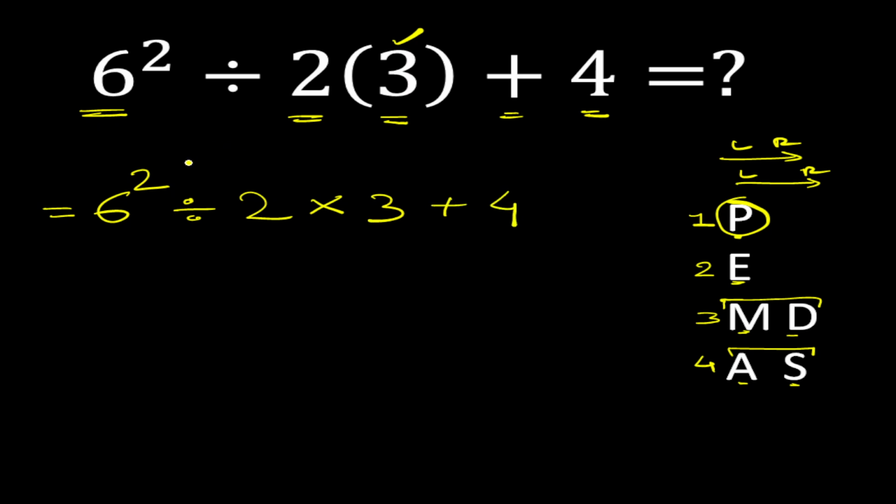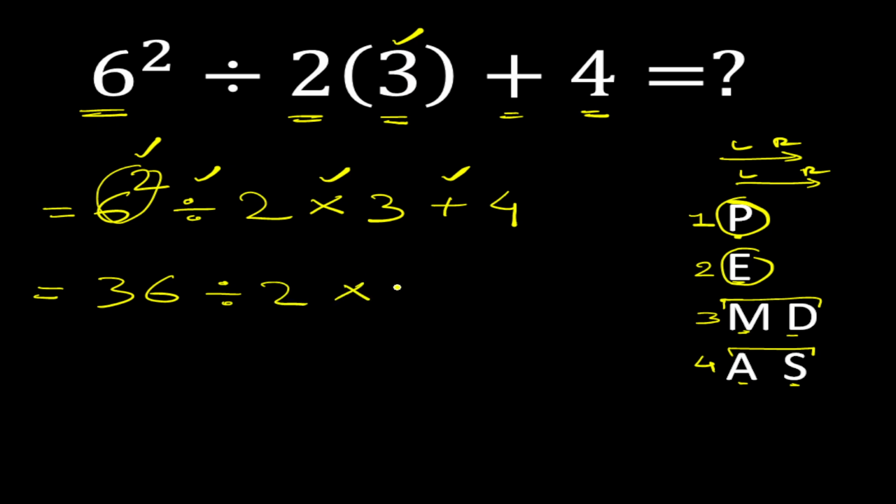Now in this question we have one power, one division, one multiplication, one addition. So according to the PEMDAS rule, second priority is exponent. So now we have to solve this power. So 6 square is equal to 36 divided by 2 multiply 3 plus 4.